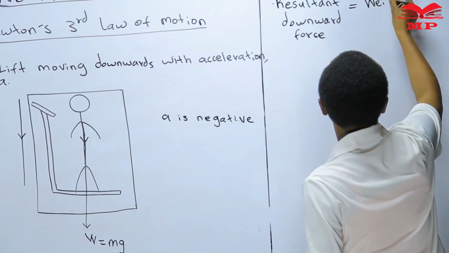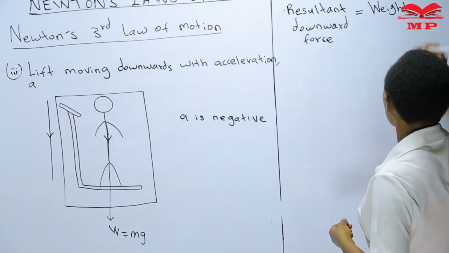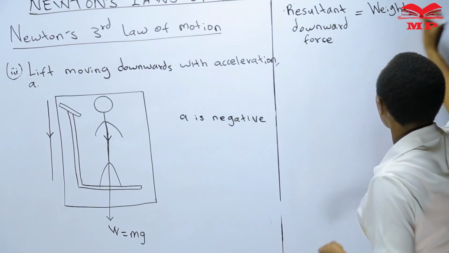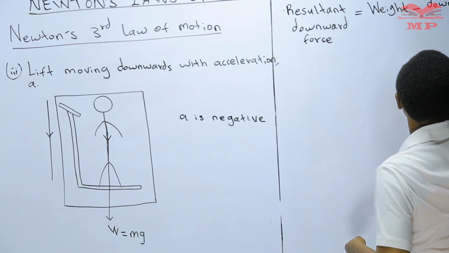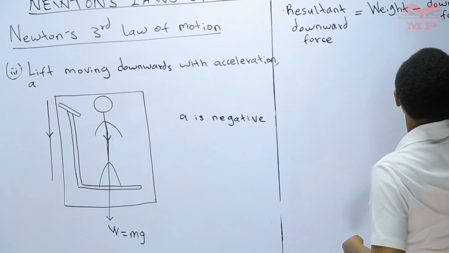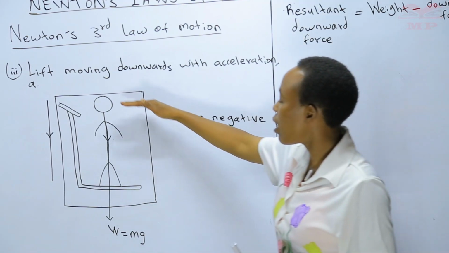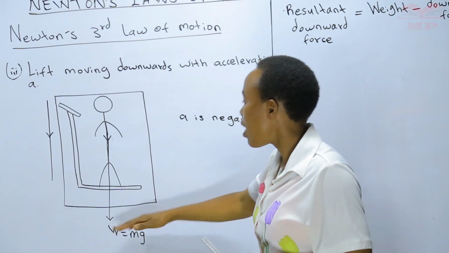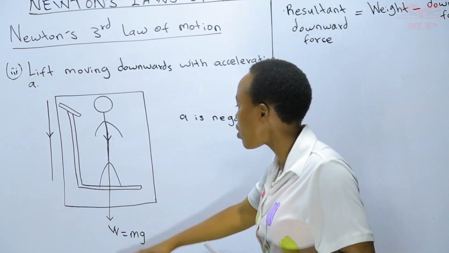Then we subtract the downward force so that we can get the resultant downward force, because the lift is moving downwards, and therefore the resultant downward force will be given by the weight of this body.